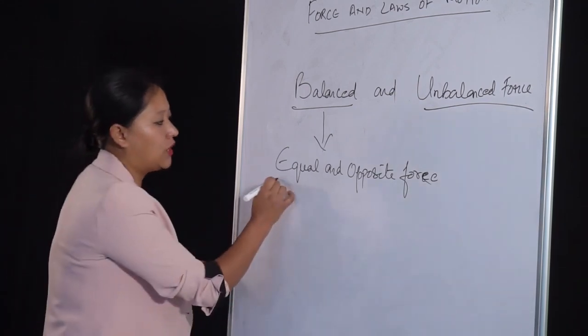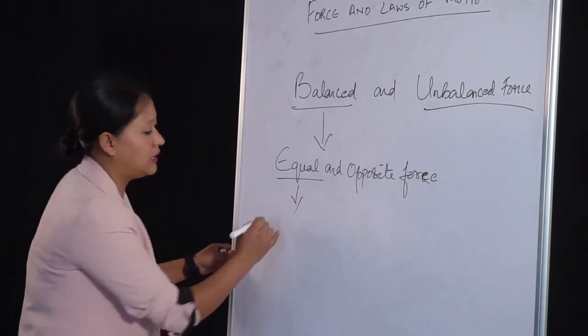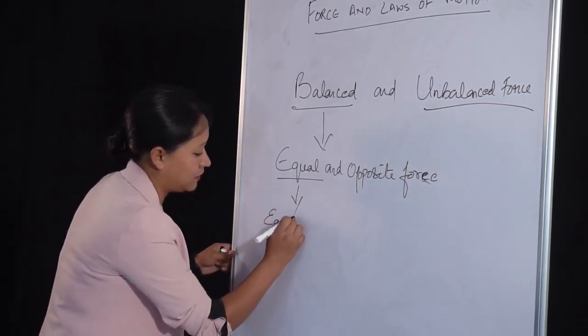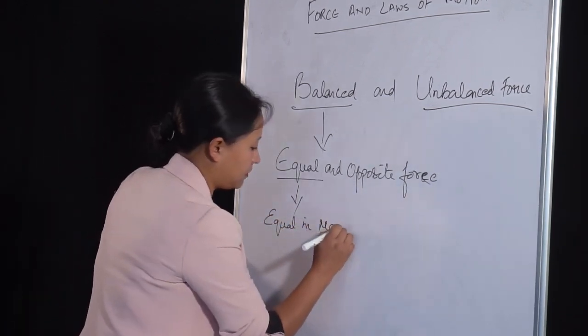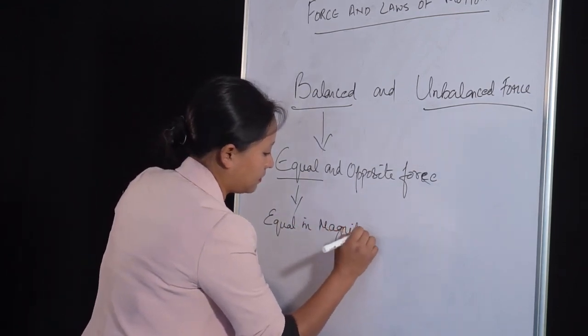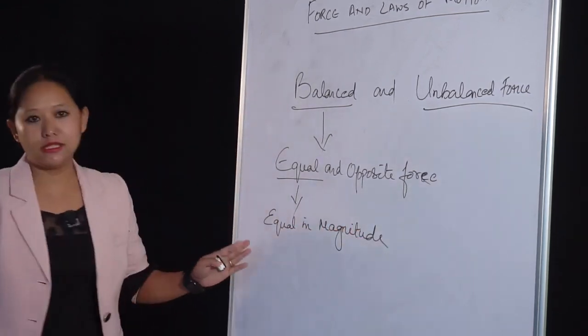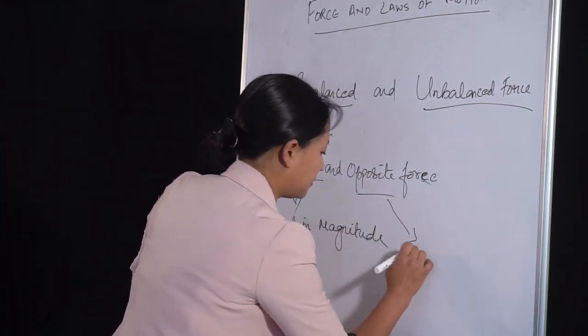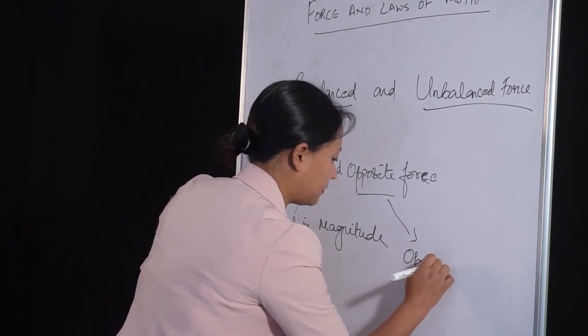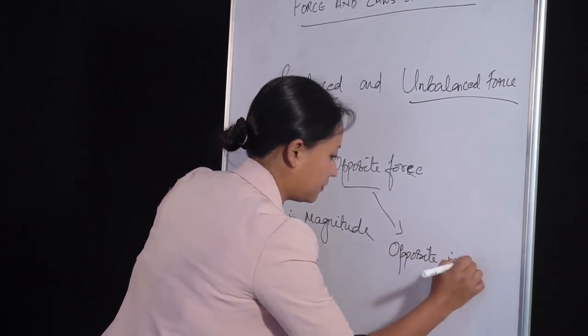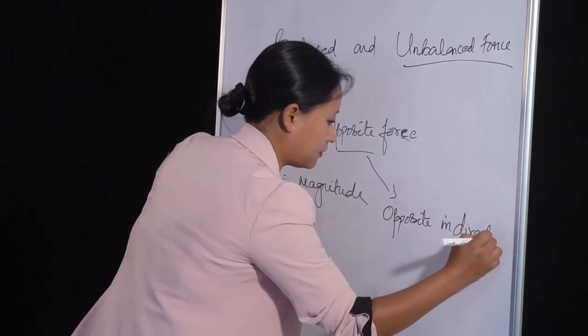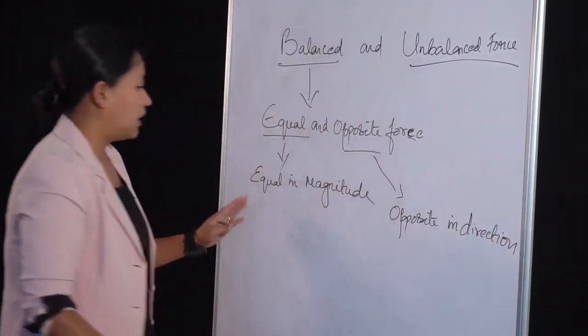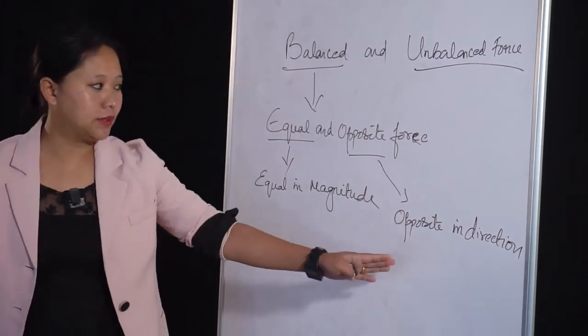So when I say equal, it means equal in magnitude, and opposite means opposite in direction.